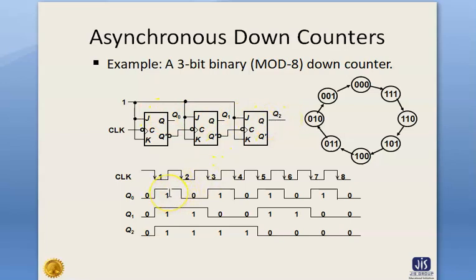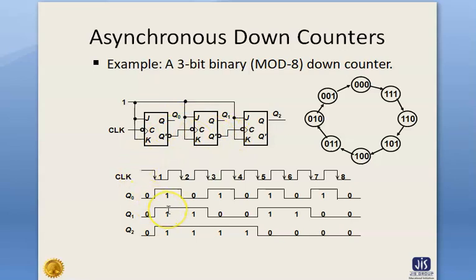So all outputs will be 1 1 1, and then when we apply a clock input again, the first flip-flop output will change, which has no effect on the next flip-flops.